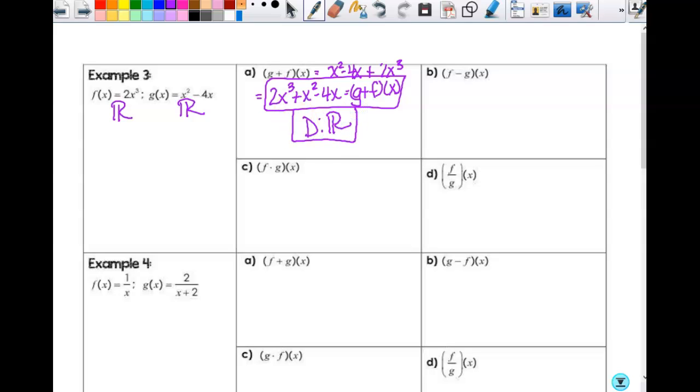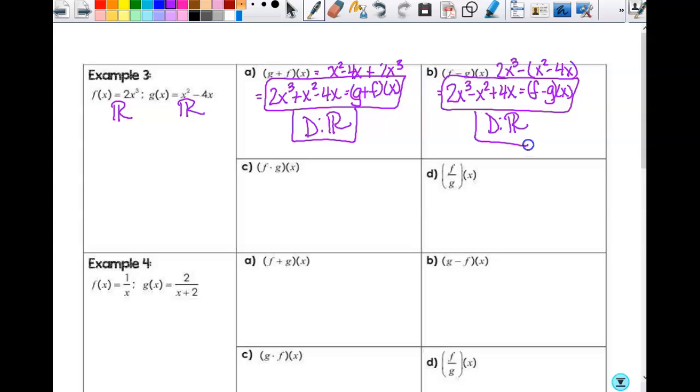No overthinking there. Then I subtract. So I have f, which is 2x cubed, minus g of x, which is x squared minus 4x. Got to put that in parentheses so I don't mess up my signage. This is equal to 2x cubed minus x squared, then what? Plus 4x. And that's equal to f minus g of x. And I've already decided that my domain is all real numbers.